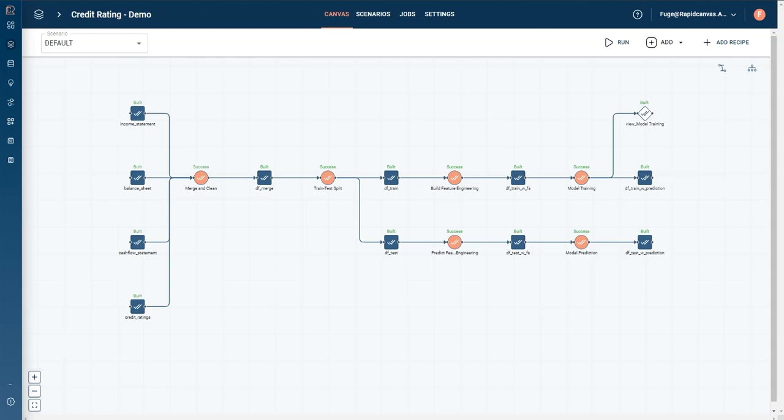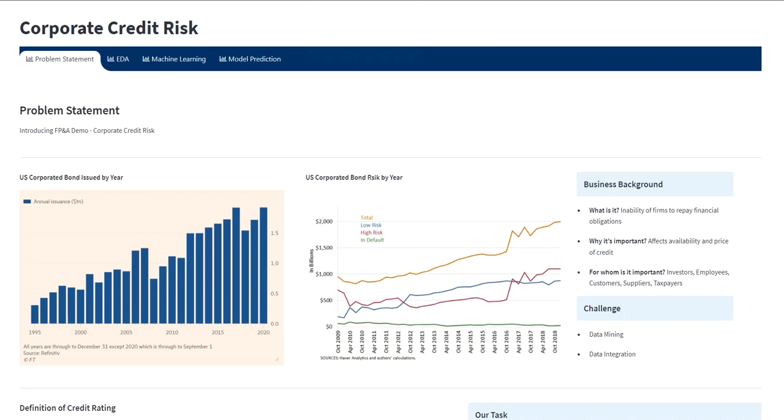So let's get started. First, the problem we are dealing with today is one application in financial planning and analysis, short for FP&A. The problem we have here is how to use financial statement data, say income statement, balance sheet, and cash flow statement, to predict the credit risk of a corporation.